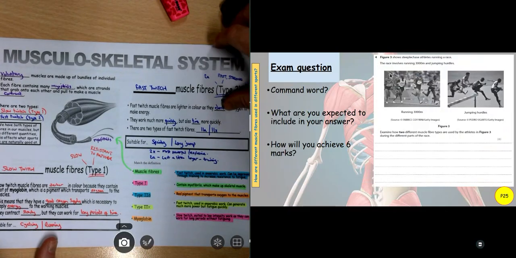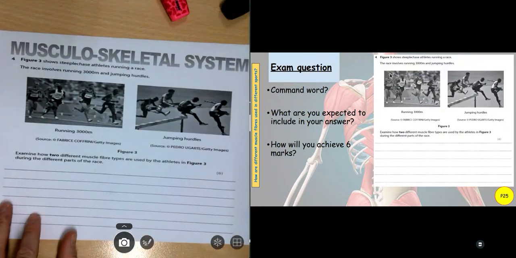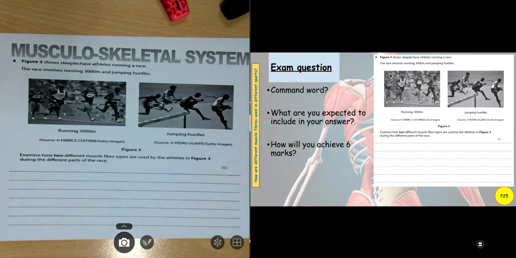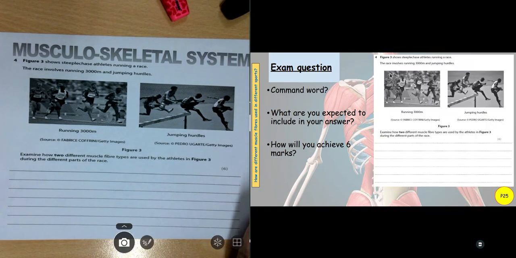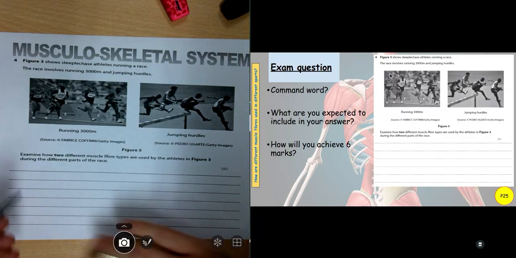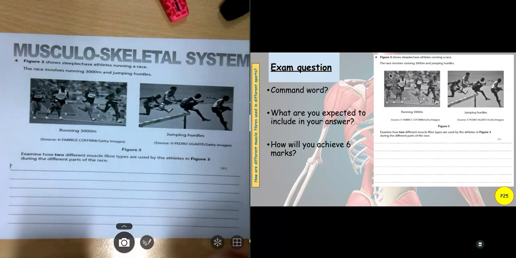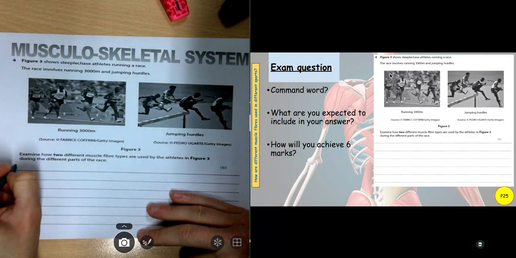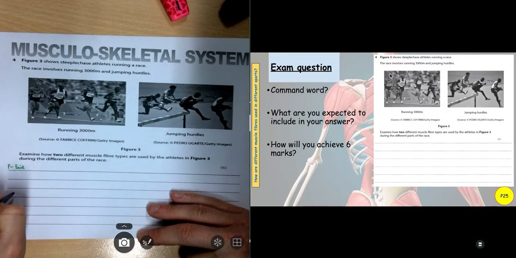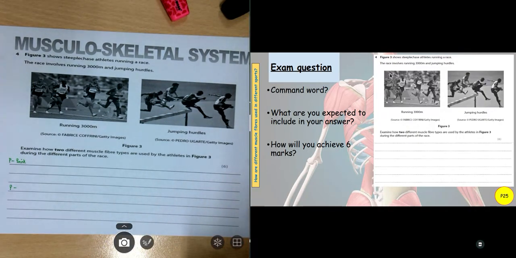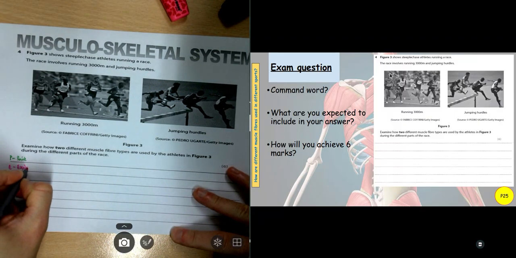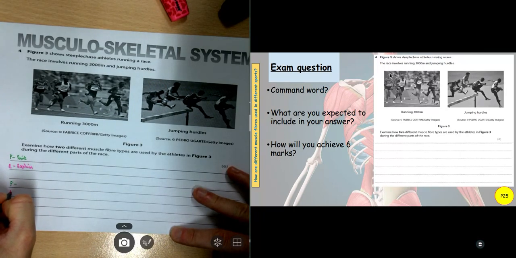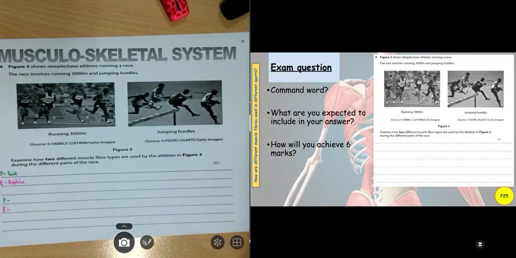What we now need to do is apply that to an exam question. Now, this is the first time we've had a slightly longer answer question. So we are going to start working on our PEB responses. And if you don't know what the PEB responses are, that is point, explain, benefit.